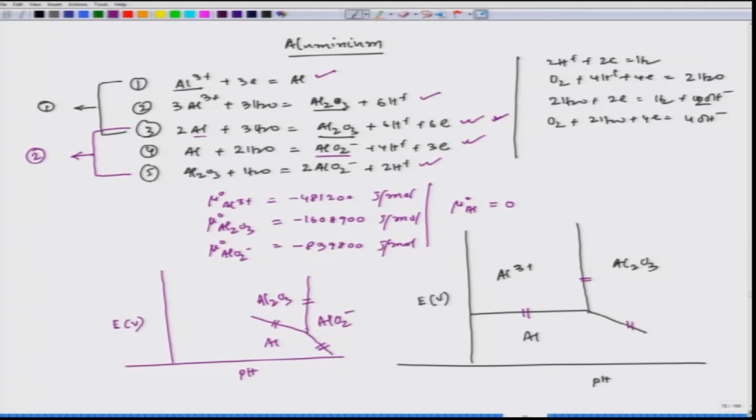If we club them, the plot will come here, and of course, you will have the diagram for these 4 reactions. Since this will be much below, this is very highly negative, from this value you can find out.